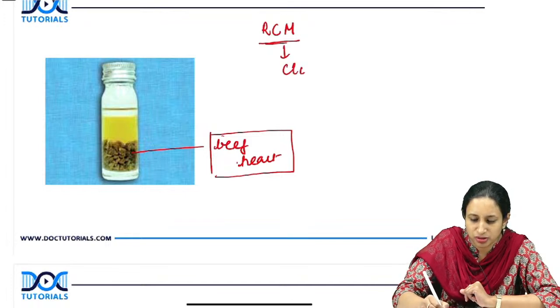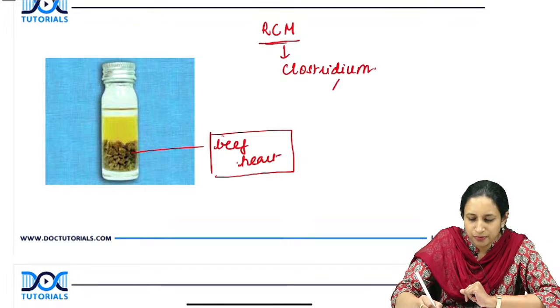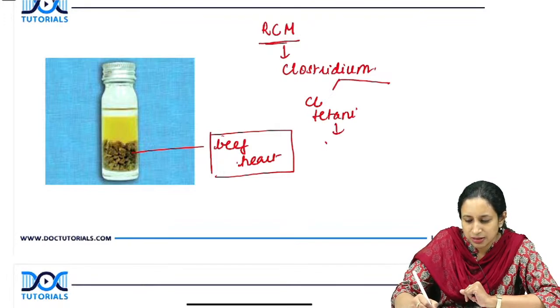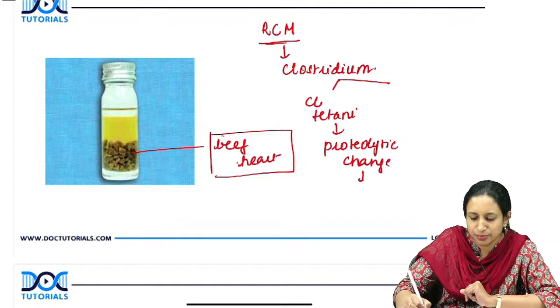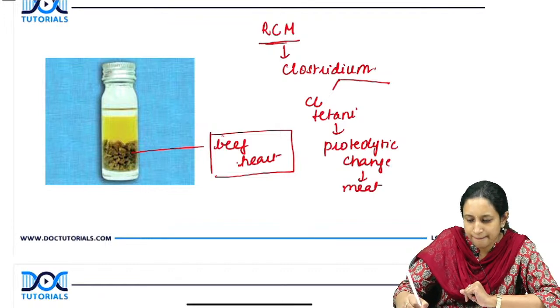You study Clostridium, where Clostridium tetani produces proteolytic change. So you can see that the meat particles turn black in color.